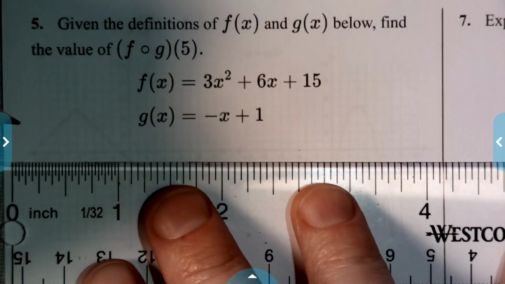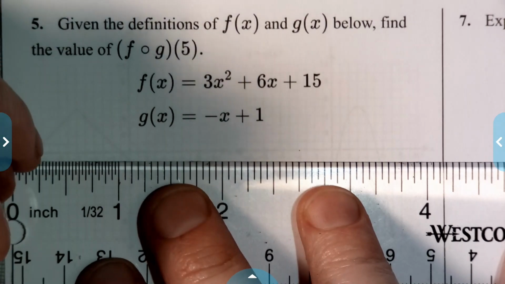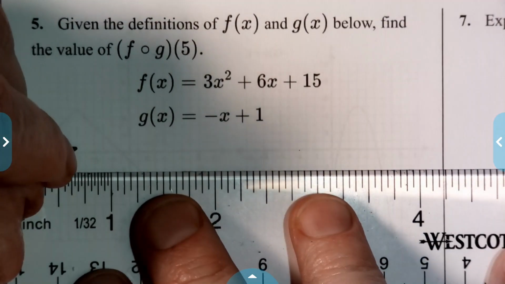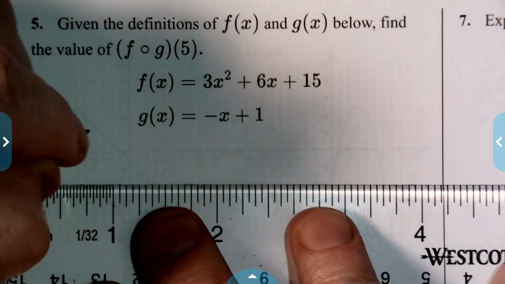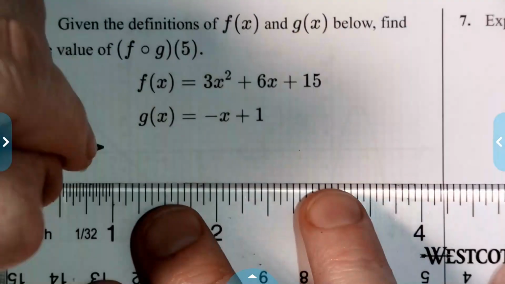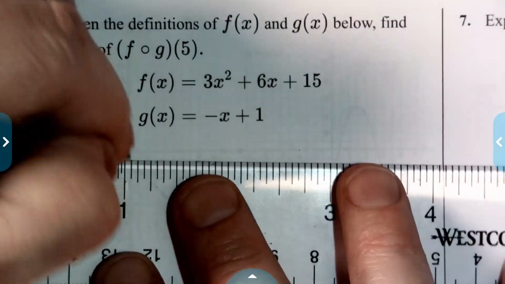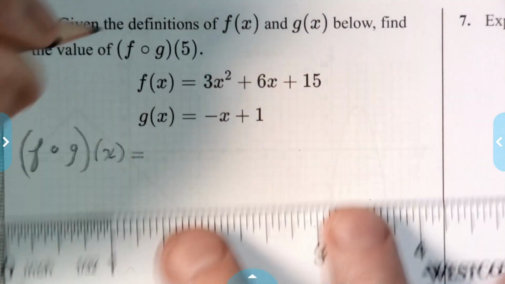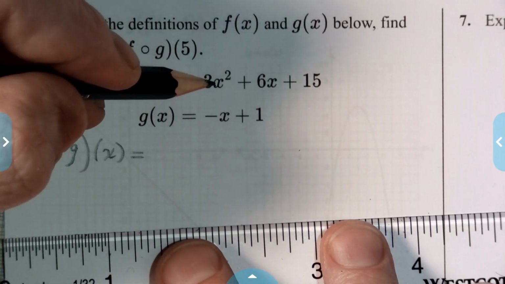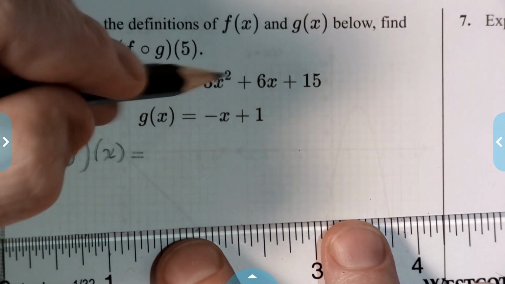So on number 5, we have f of g of x. So I'm going to use the f function as my skeleton and then put g of x where these x's are here.